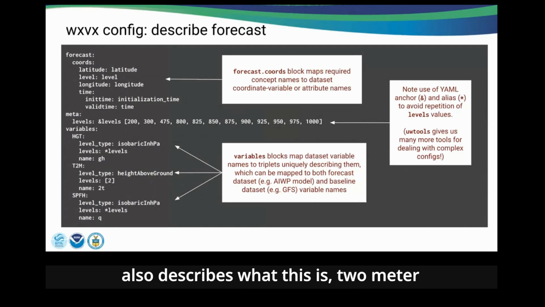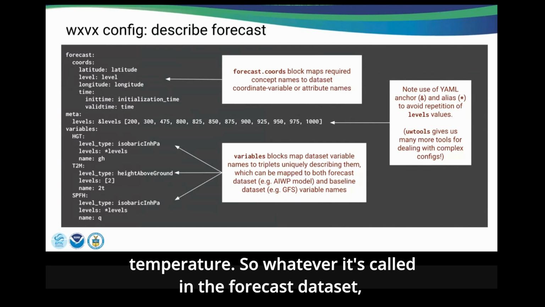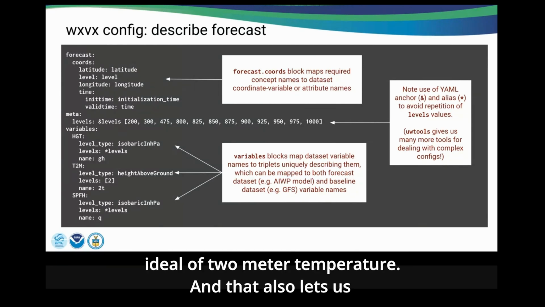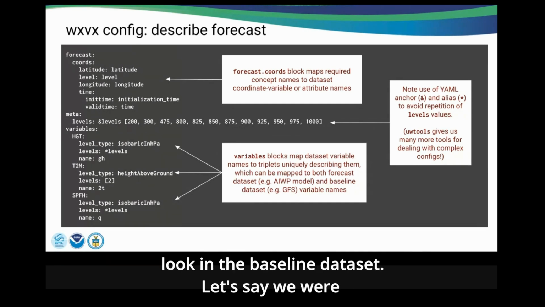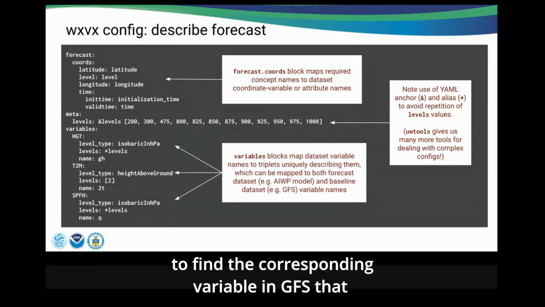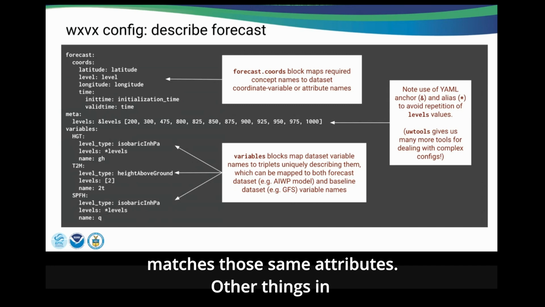The name 2T also describes what this is, 2 meter temperature. So whatever it's called in the forecast data set, we can match it up to this sort of Platonic ideal of 2 meter temperature. And that also lets us look in the baseline data set. Let's say we were going to verify against GFS, it would allow us to find the corresponding variable in GFS that matches those same attributes.